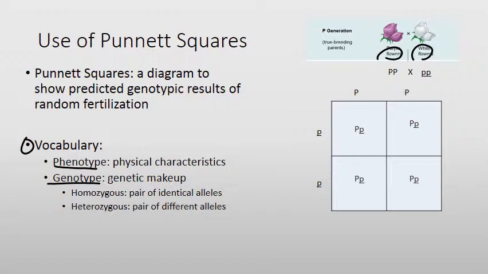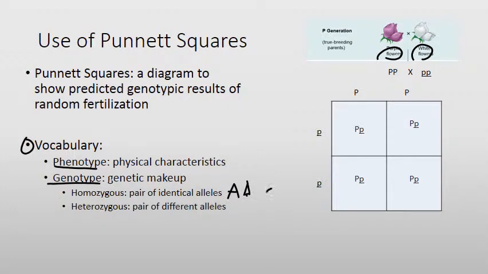Now, genotype can be expressed in two ways. You can express it as homozygous or heterozygous. There are two types of homozygous. Remember, those are the alleles. That is the letter. So if I write two capital A's, that is considered homozygous.